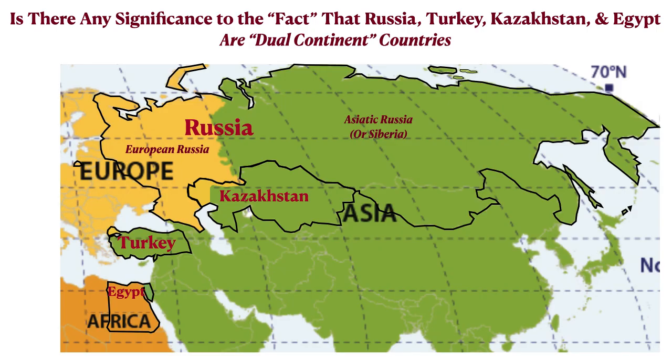Or how about the fact that we have dual continent countries? Egypt is divided between Africa and Asia, the Sinai Peninsula being to the east of the Gulf of Suez and the Suez Canal. Turkey has a little bit of European Turkey because that's to the west of the Bosporus and the Dardanelles, these waterways that connect the Mediterranean ultimately to the Black Sea. We have Kazakhstan, mostly in Asia, but it has a European part because of the Ural River that divides them.